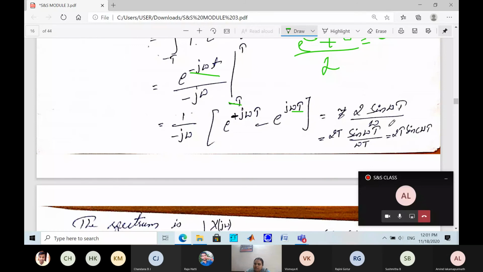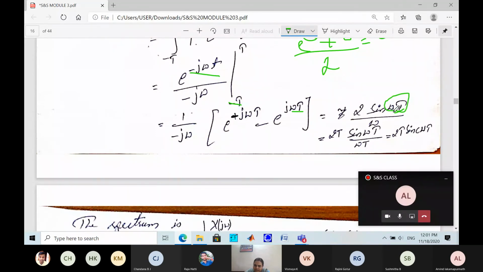Then I'm doing a small modification here, multiplying and dividing by T. So I'll be doing 2T, capital T, sine omega T divided by omega T. What function you have to multiply is based on the equation you get.